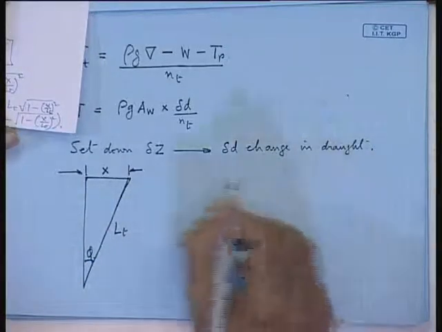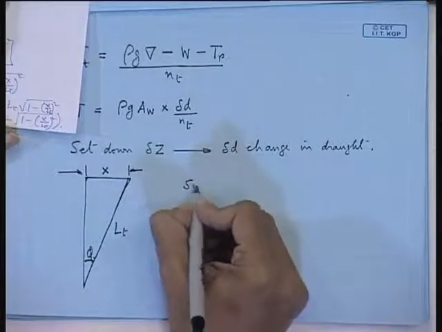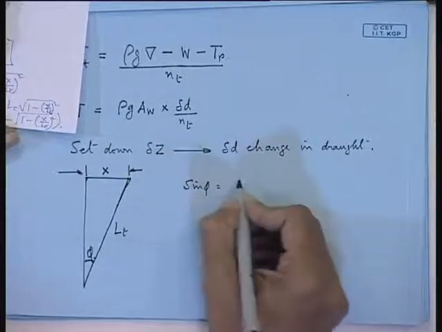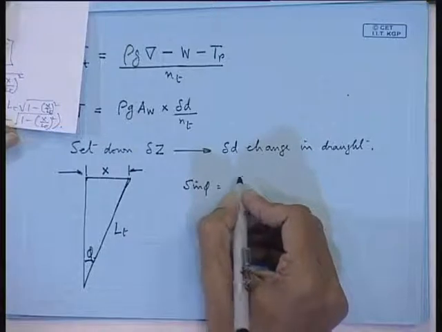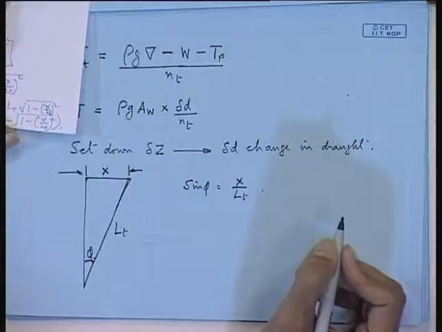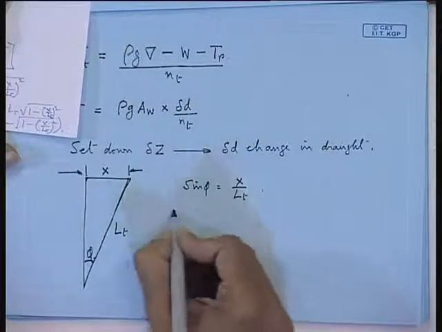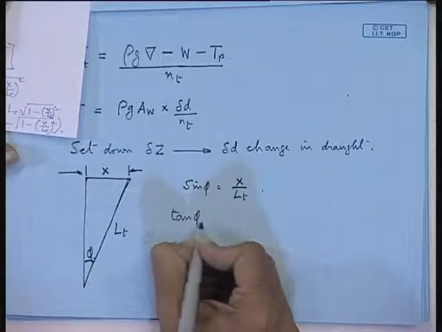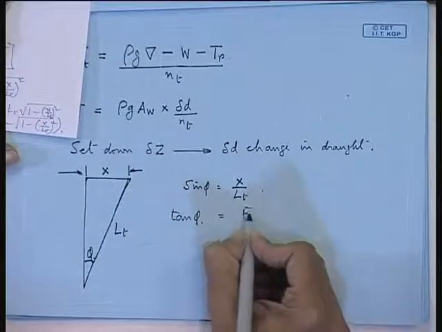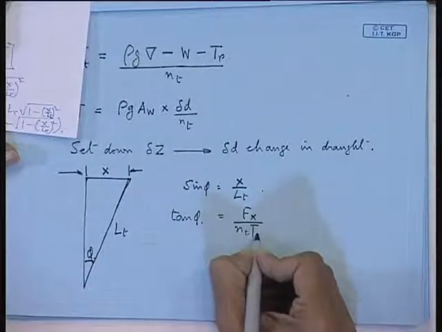Now, from this diagram can you calculate set down? So, sin phi is how much? X over LT. Now, this tan phi is equal to Fx over NT T.